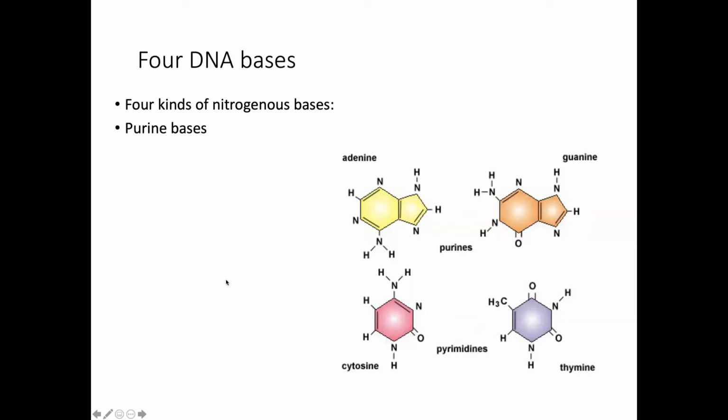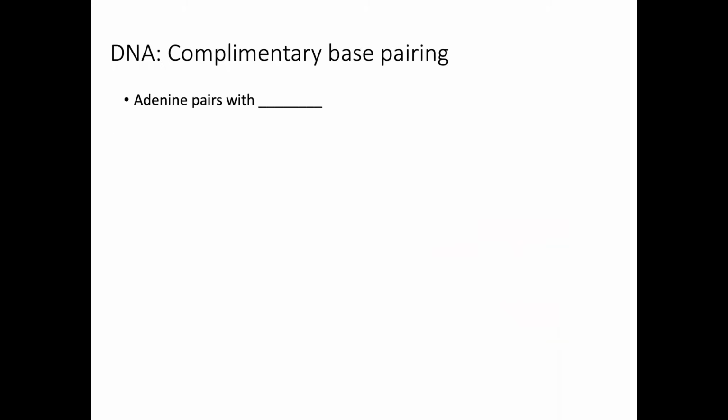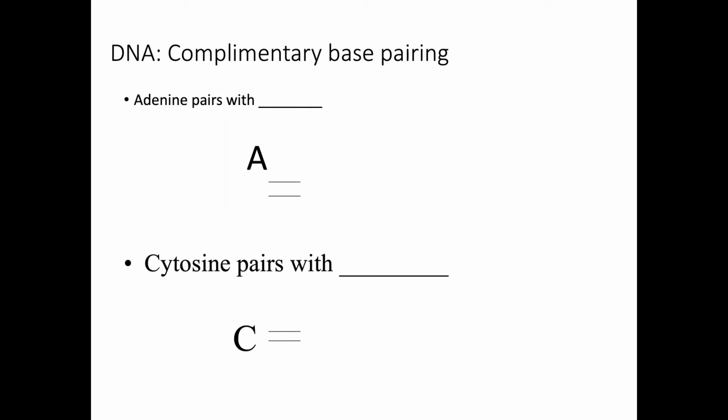And usually we name them by a one-letter code, which is A, C, and what else? Do you remember? So usually A is paired with what? T.